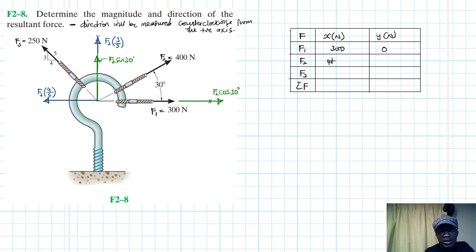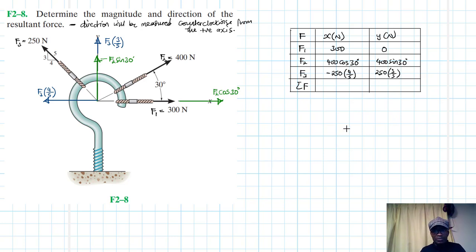It is 400 cos 30. What is the y component of F2? It is 400 sine 30. What is F3? The x component is negative 250 times 4 divided by 5. And what is the y component of F3? It is positive 250 by 3, the rise divided by 5.